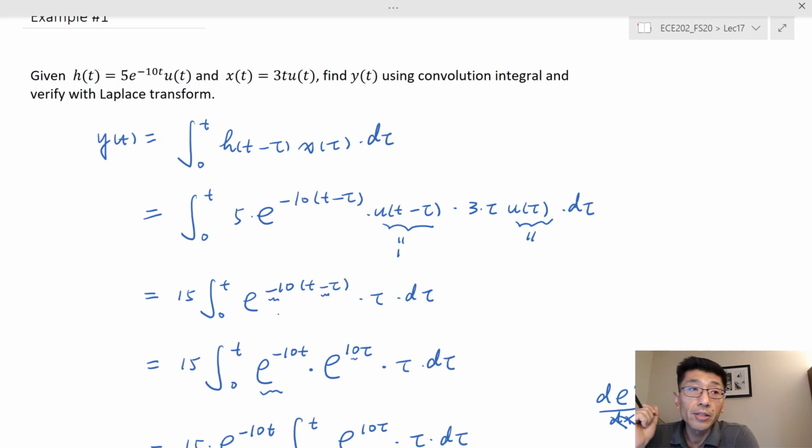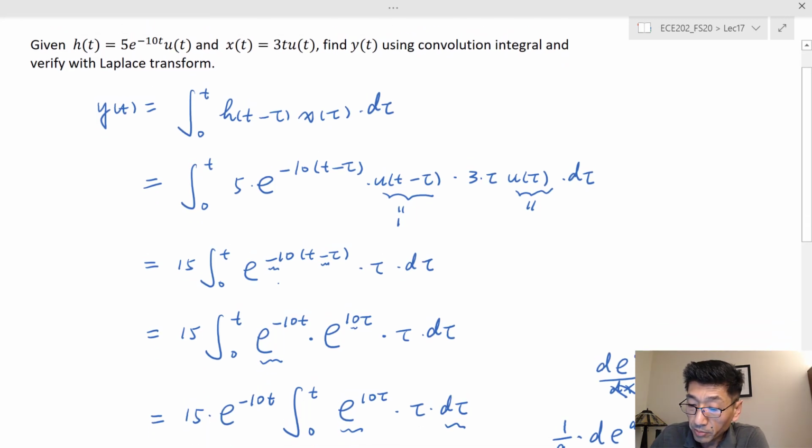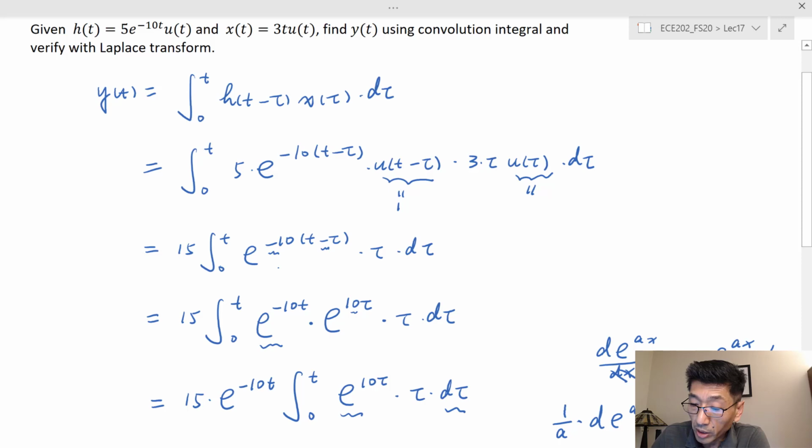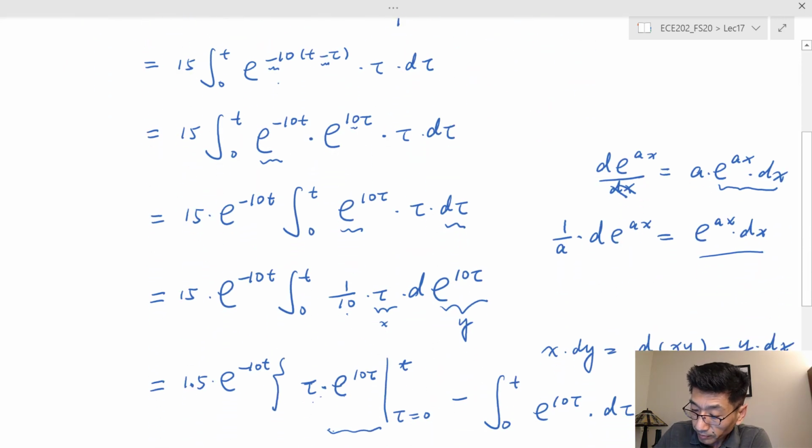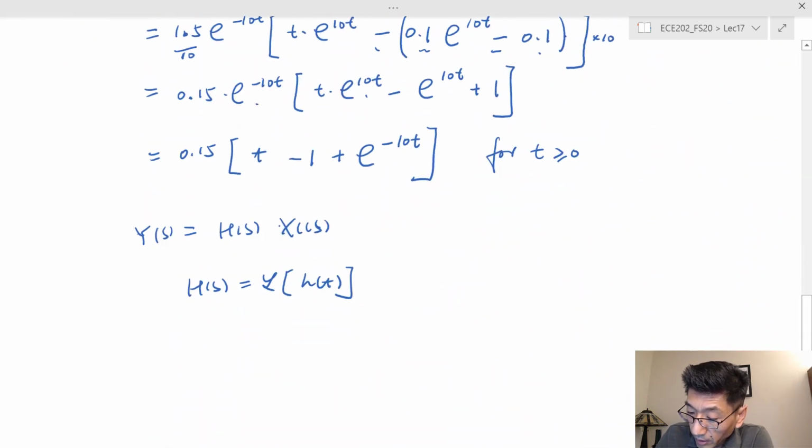In this case, we can use the s-domain translation property. That should be the Laplace transform of u(t), which is 1 over s, and replace that s by s plus 10. So we got 5 over s plus 10.